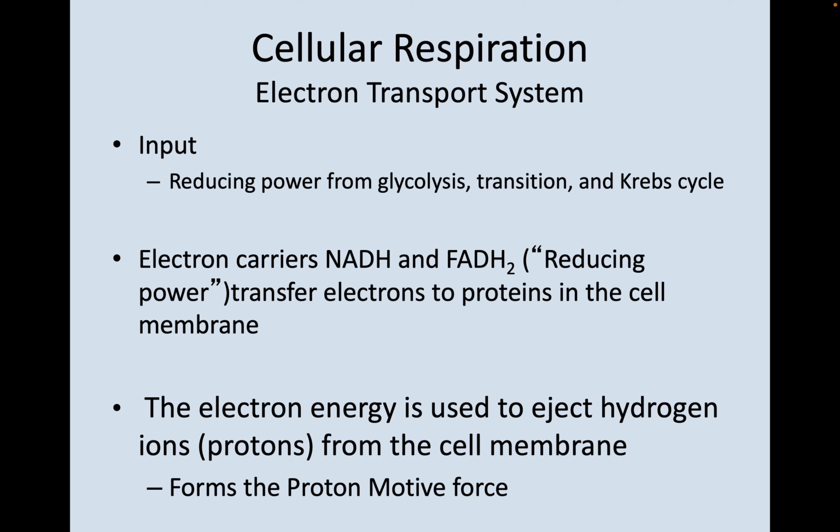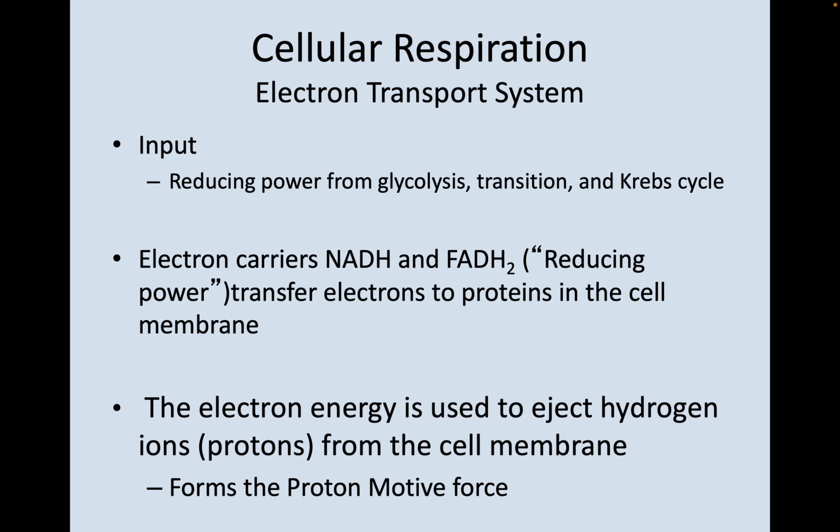The electron energy is used to eject hydrogen ions. And remember, a hydrogen ion is essentially just a proton, right? A hydrogen atom is 1 proton and 1 electron. And if that hydrogen is missing its electron, then all it basically is a proton.